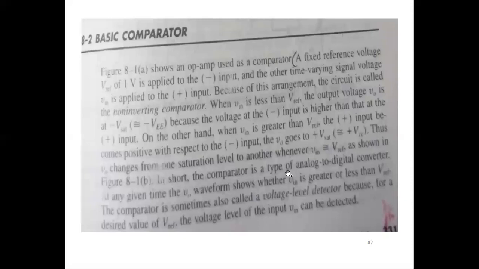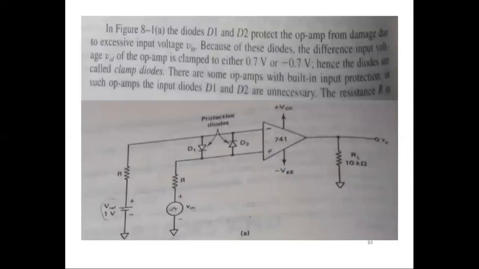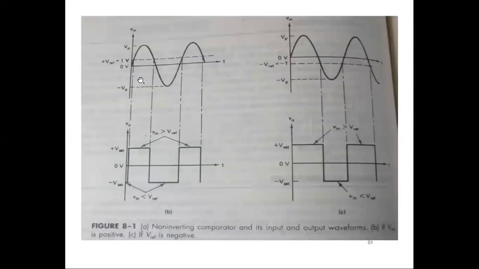Okay, so we can see the waveform corresponding to this. This is the input given here. V reference is the fixed value, which is 1 volt. When the V input goes above the V reference value of 1 volt, at that time you will have the positive output.